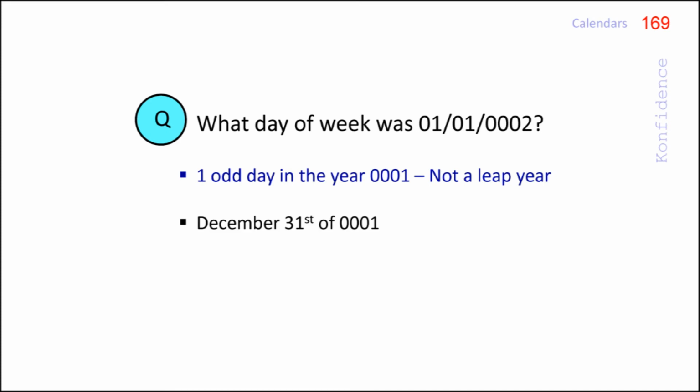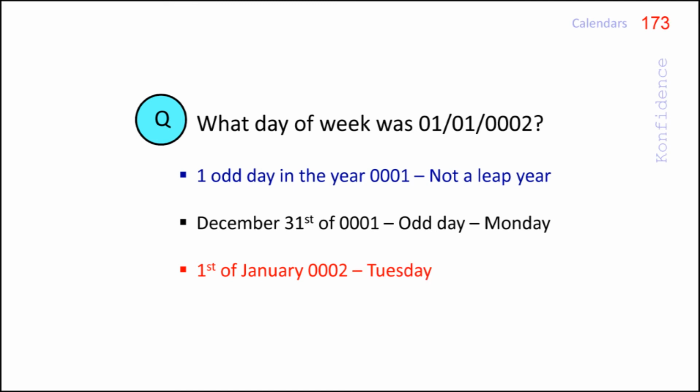So, December 31st of 0001 will not be part of a full week. So, it has to be a Monday. Therefore, the 1st of January 0002 will be a Tuesday. I repeat, the 1st of January year 0002 will be a Tuesday.